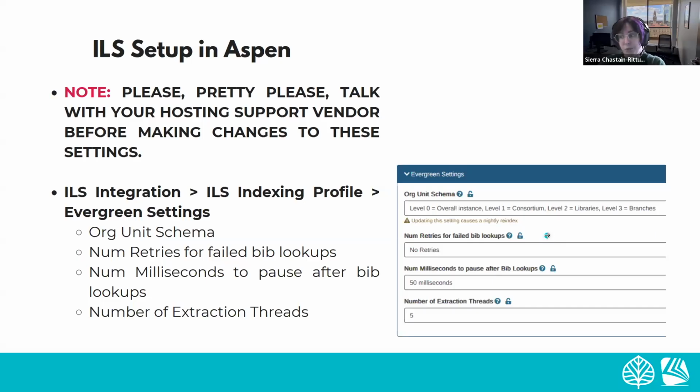And that is one of those that you'll want to talk with your support vendor before making any adjustments. If you come to the Aspen for Evergreen group, we do talk about this occasionally, and I can tell you that I think almost every Aspen Evergreen library has a different setup in here. So you might need to tweak some of these settings to find what works best for your instance, but you can change these.